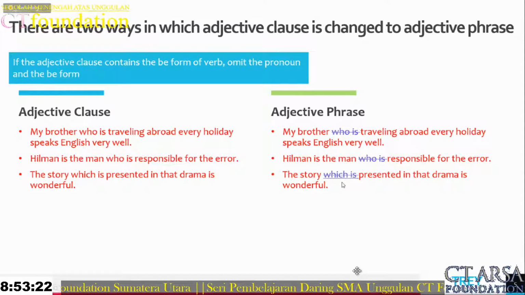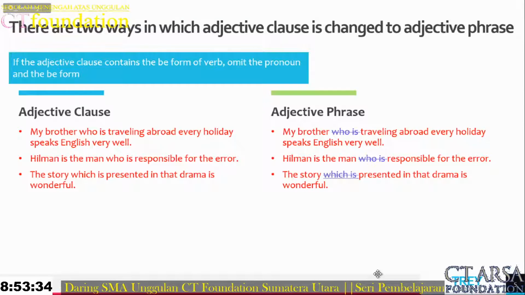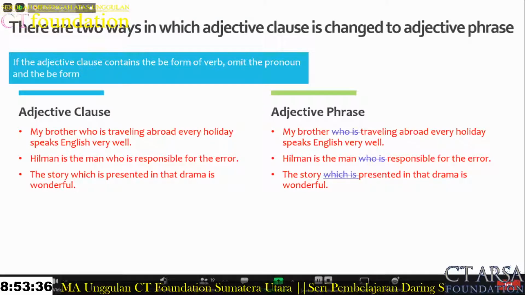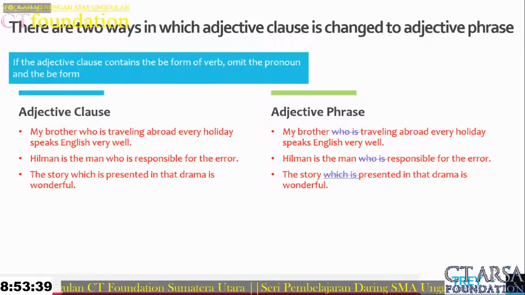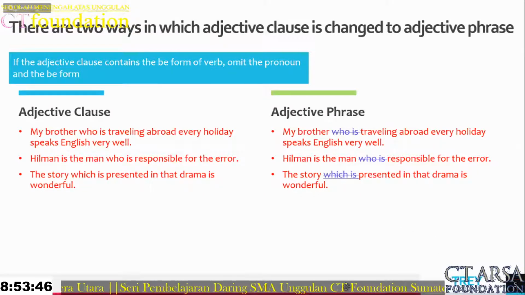If you use past participle, verb 3, the meaning becomes passive. The story presented in that drama is wonderful. Cerita yang disajikan dalam drama itu sangat bagus. So you don't need to change to ing here, because the sentence is passive.